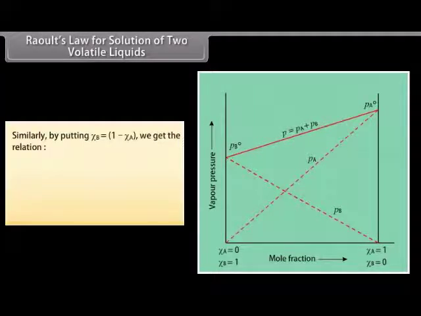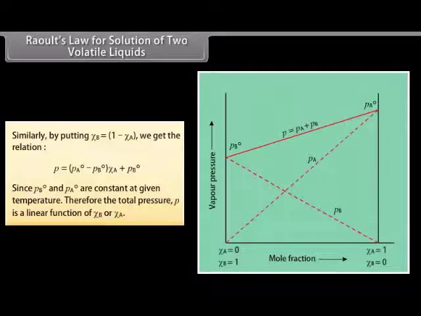Similarly, by putting XB = 1 - XA, we get the relation P = (P0A - P0B) XA + P0B. Since P0B and P0A are constant at given temperature, therefore, the total pressure P is a linear function of XB or XA.